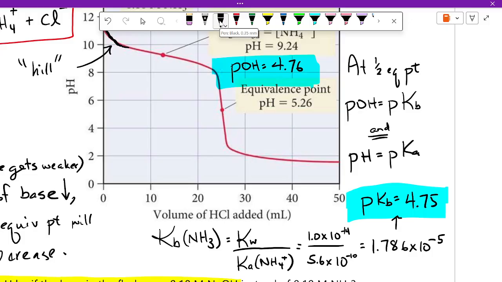What do we call this region here? That's called the buffer region. Explain to your partner why that is called the buffer region.